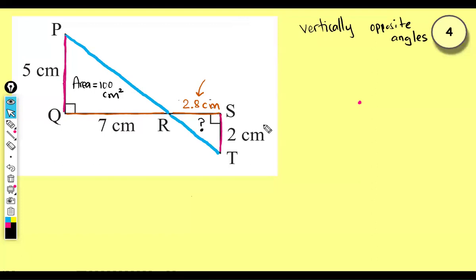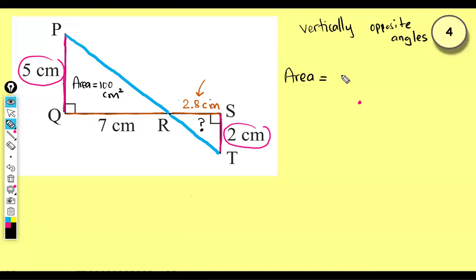Let's find this area. There are 2 pairs of corresponding sides, right? We could either use the pink values, so we could use the 2 and the 5. Let's use that first. This is a pair of corresponding sides. The area of the smaller triangle has to be less than 100.